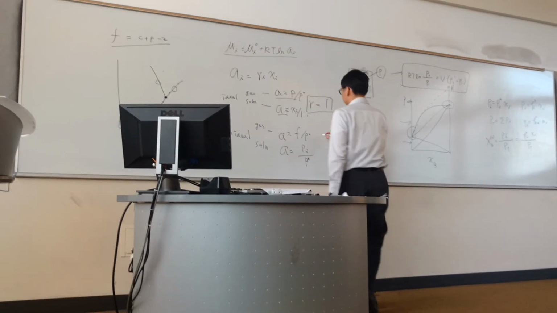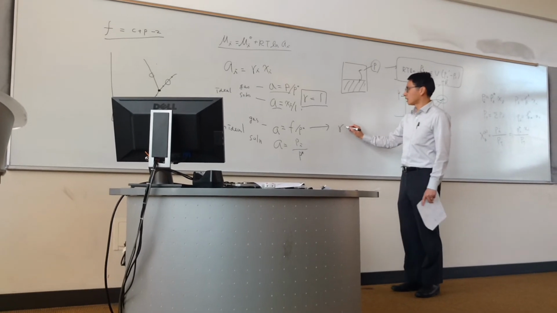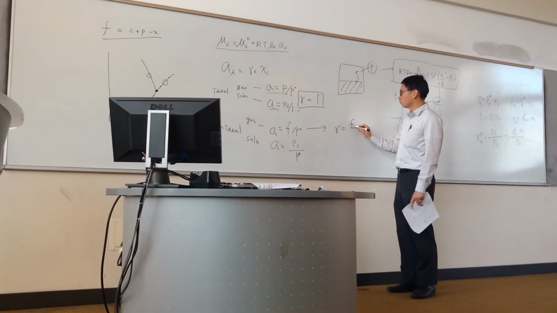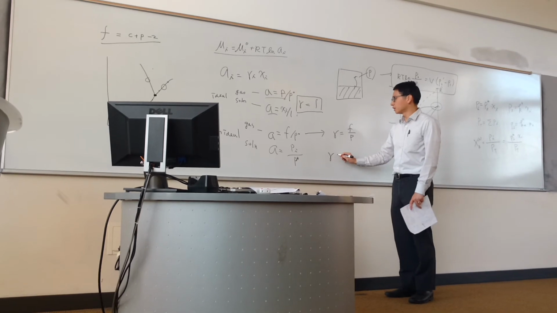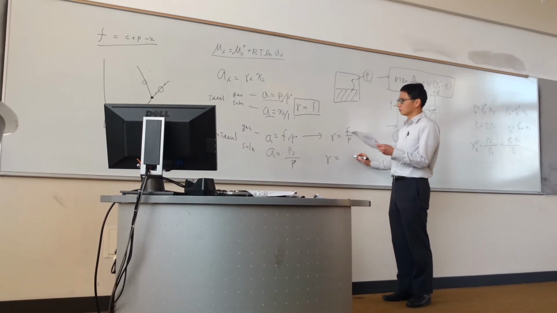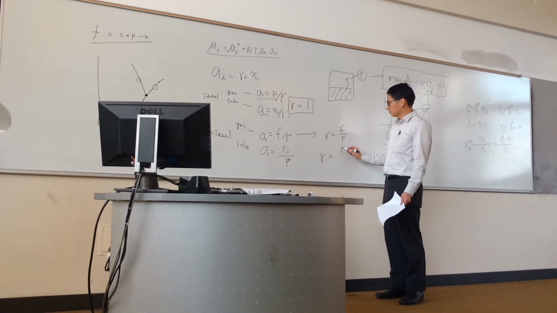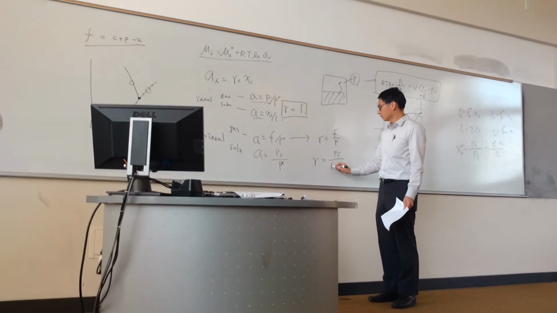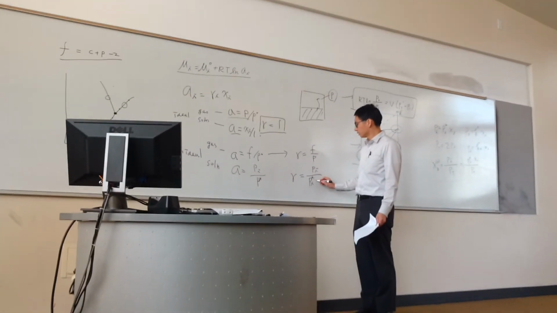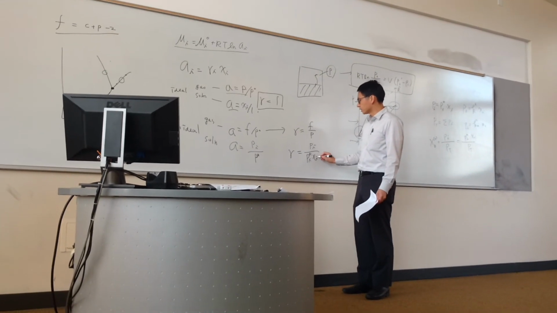So what's the gamma? Gamma is equal to f over P, and the gamma here is equal to P_i over P_i star times your mole fraction x_i.